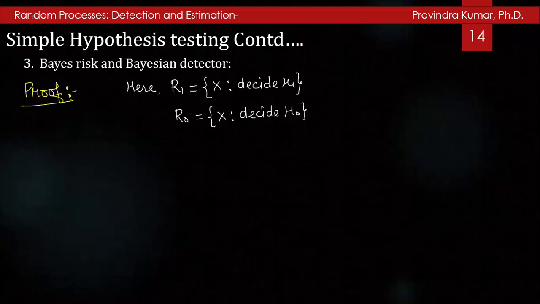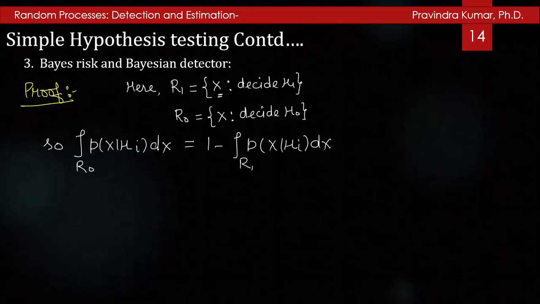So from here you can see that region R1 is the observed sample where we decide H1, and R0 is the observed sample from which we decide H0. Also the integration over R0 of P(x|Hi) dx will be 1 minus the integration over R1 of P(x|Hi) dx.